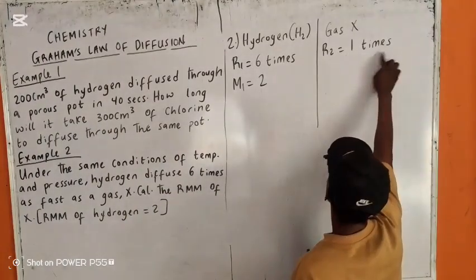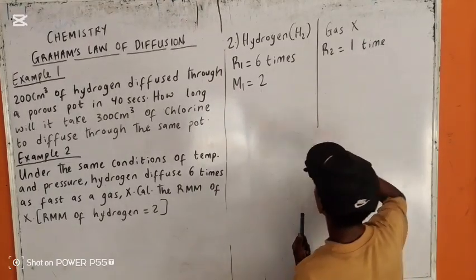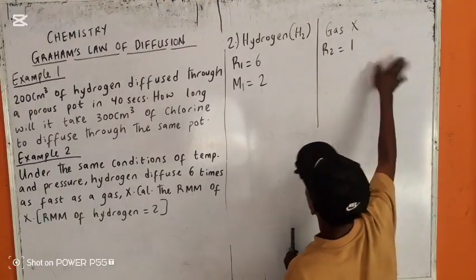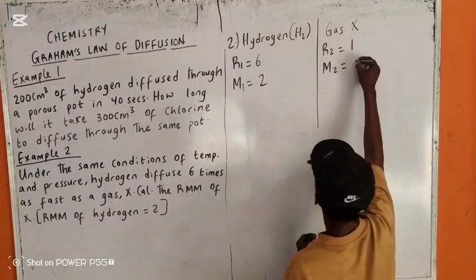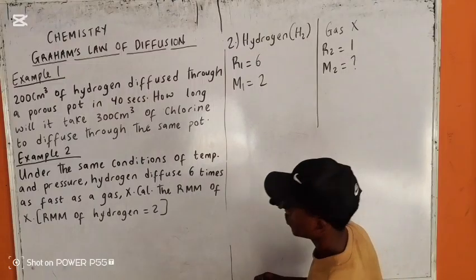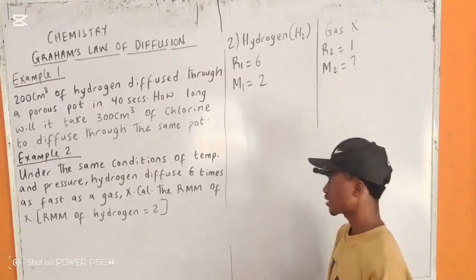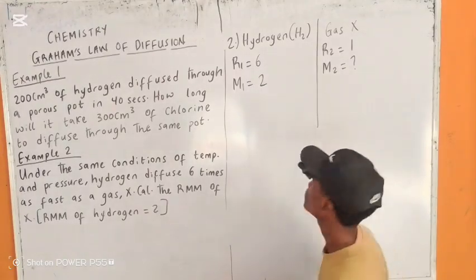So here we have 6, and here we have 1. Our M2 is what we are looking for, because the question says to calculate the relative molecular mass of gas X.